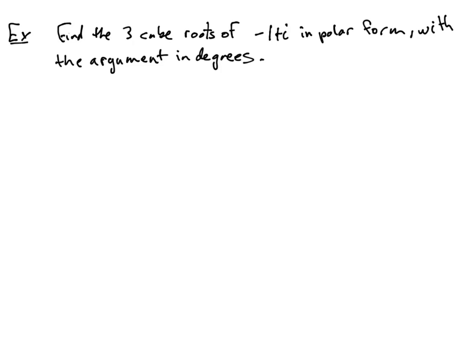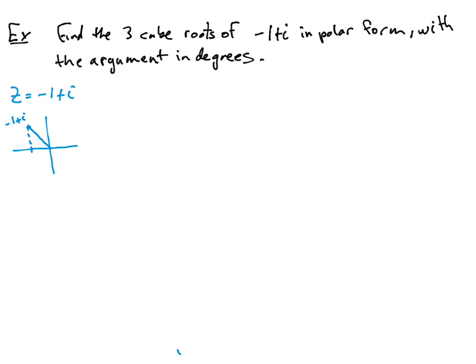So a couple of examples of using DeMoivre's roots theorem. Let's find the 3 cube roots of -1 plus i. Let's do that in polar form with the argument in degrees. The first thing we need to do is write our complex number in polar form. So -1, 1, so that complex number is here, -1 plus i.